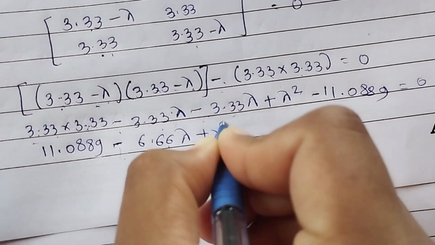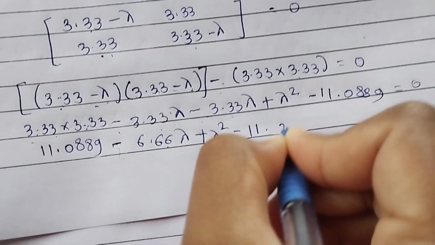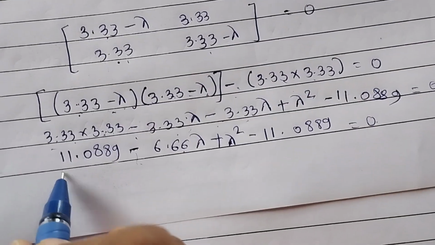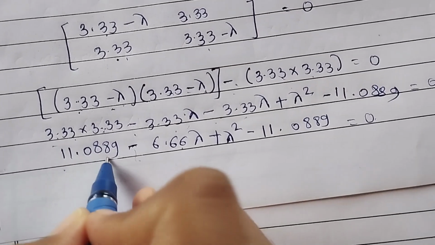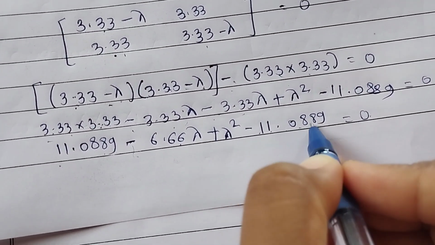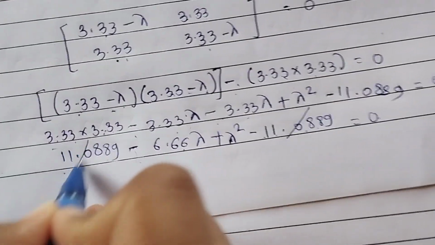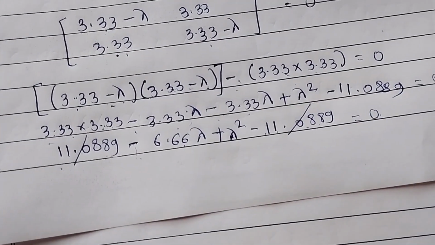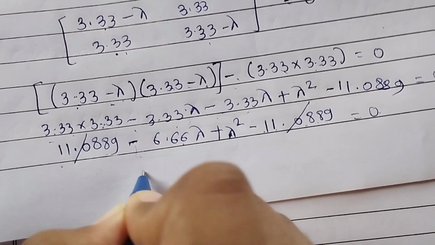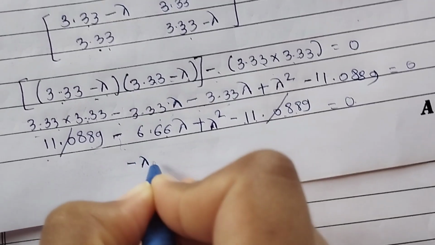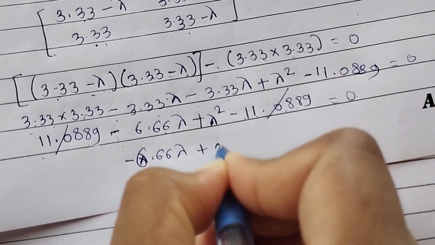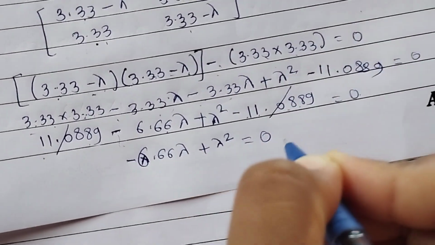Now lambda square minus 11.0889 equal to 0. Now this plus 11.0889 and this minus 11.0889 just cancel each other. Plus minus gets cancelled. Now just this small term: minus 6.66 lambda plus lambda square is equal to 0.